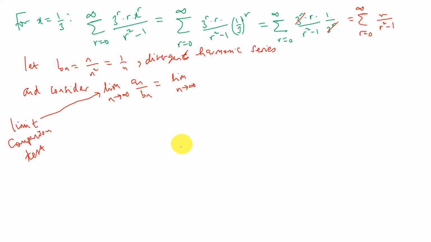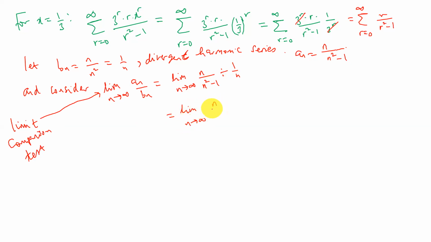So we have the AN. What is AN? AN is n divided by n squared minus 1. Then you divide by BN, which is 1 over n. Dividing by 1 over n is the same as multiplying by the reciprocal.